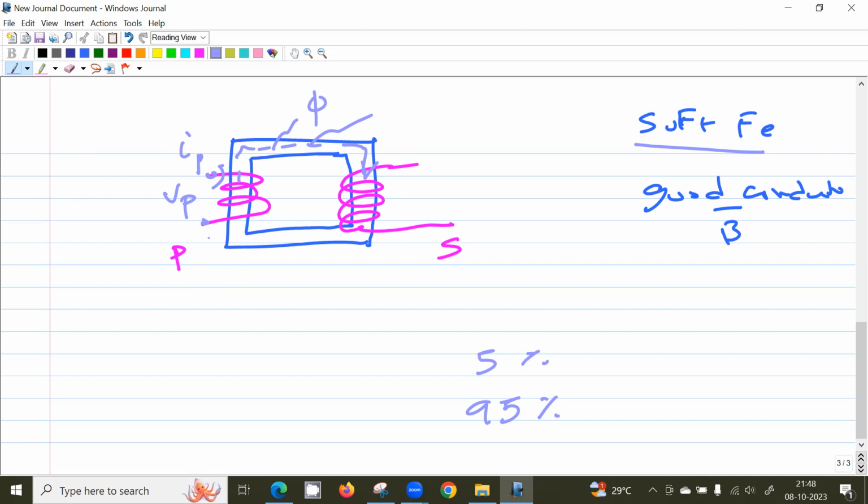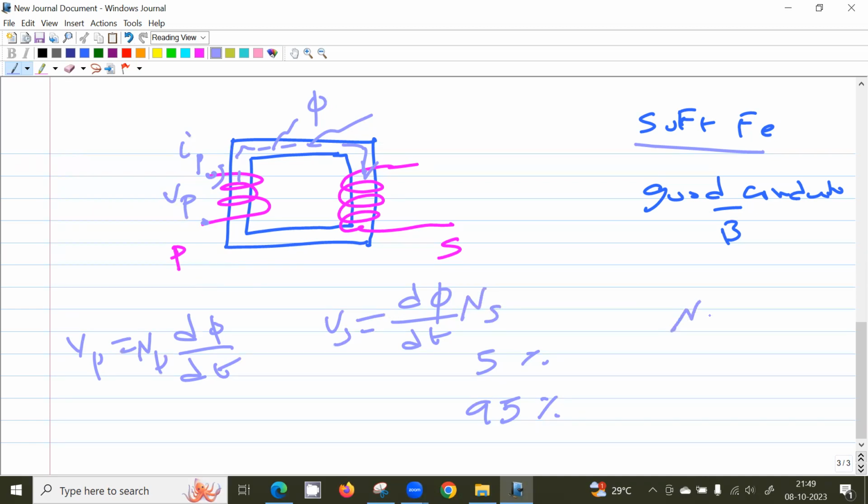So the EMF induced in one turn of the primary will be dφ/dt, and the same phi is linking the secondary also. So the voltage per turn on both primary and secondary is the same, but the number of turns on the primary is NP, and on the secondary side is NS. So if NS is greater than NP, then it's a step-up transformer.